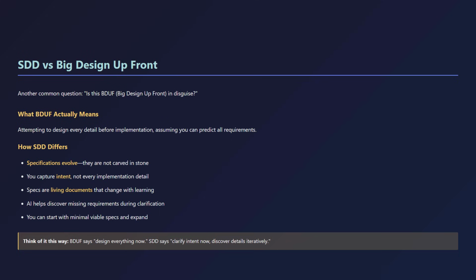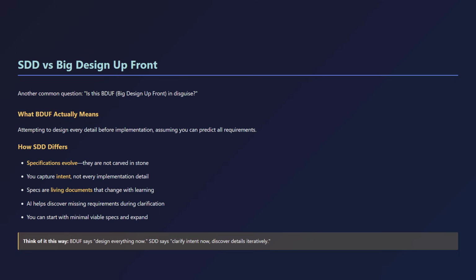Specifications are living documents that change with learning. The AI helps discover missing requirements during clarification. You can start with minimal viable specifications and expand them based on what you learn during implementation.